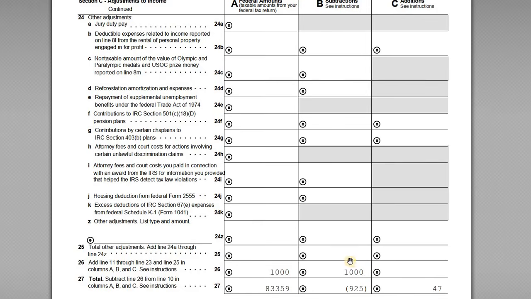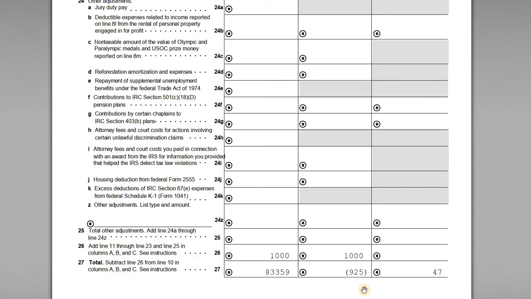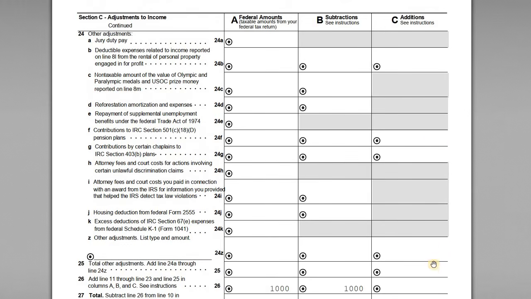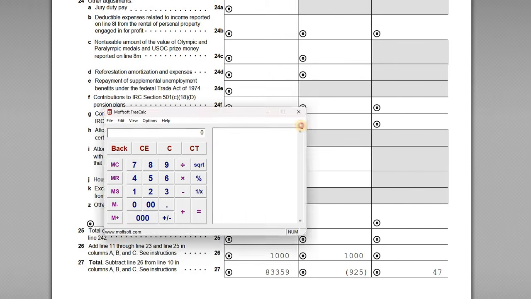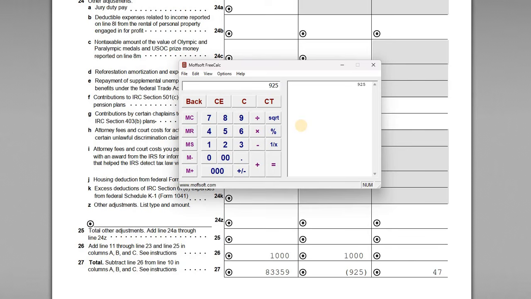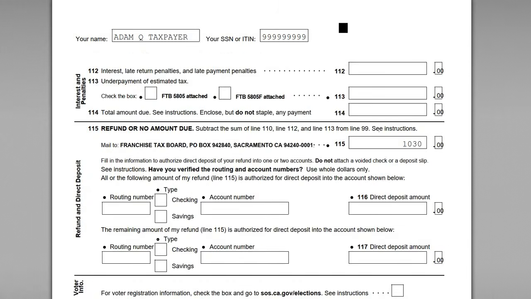So the subtraction column is a net negative, which means that effectively this is an addition, and this gross amount should be added to the additions column. So $47 plus $925, right? If we do that little math here, $925 plus $47, $972 is going to be the adjustment, and that's going to be a net addition adjustment.